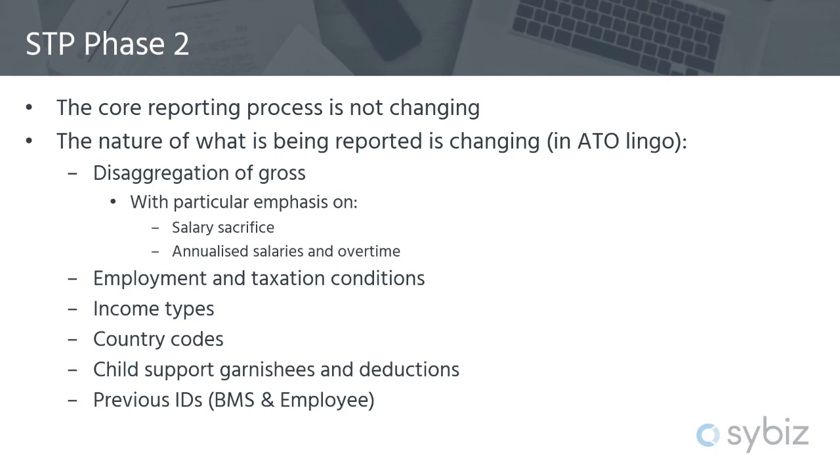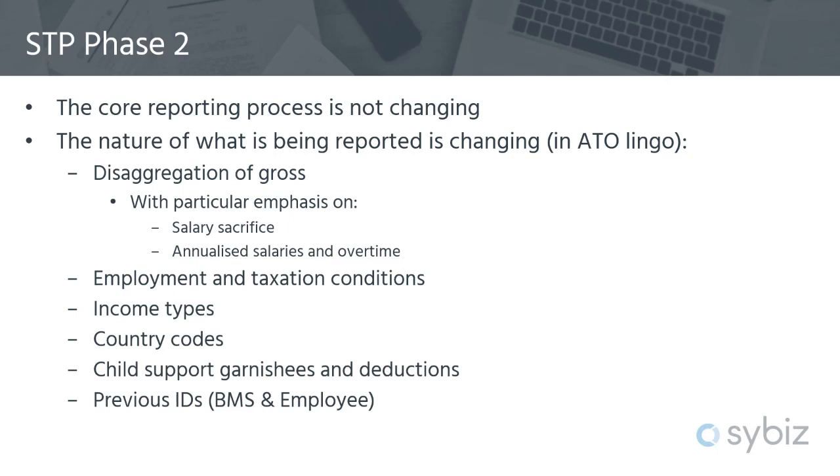And there's also support for previous IDs. So one of the bugbears of the ATO in the design of the original STP is that if someone changed their employee number within the software, the ATO would treat them as a separate person, and it might be a bit confusing when people go and do their tax returns. Similarly, if you change the payroll software partway through the financial year, that also created a bit of concern in the ATO matching things up at their end.